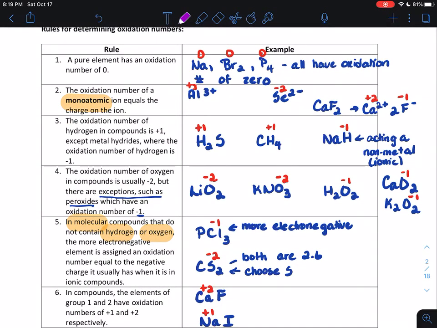Okay. So for here, H2S, I've got 2 hydrogens, each with a 1+ charge. So I've got +2, and then plus unknown equals 0, because it's overall neutral. So this becomes an oxidation number of -2. For this one, I have +4. That has to equal 0. So that has to be -4.